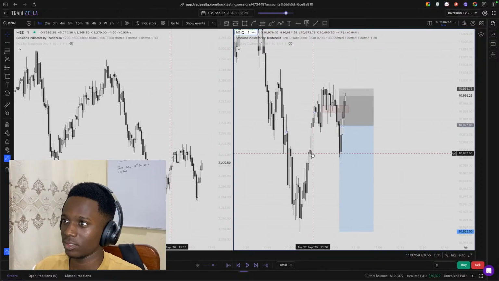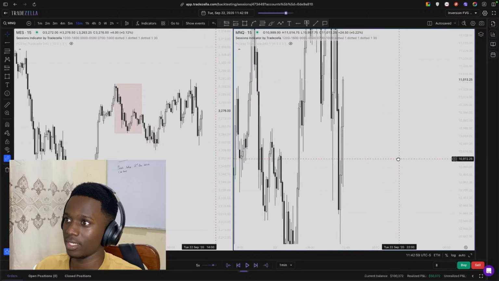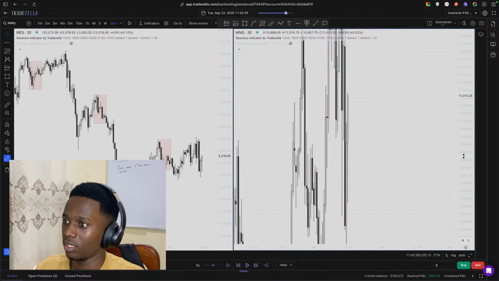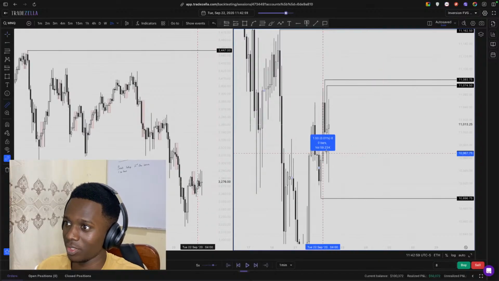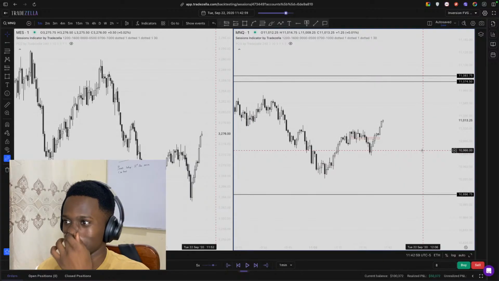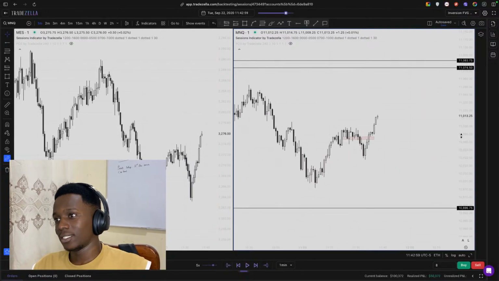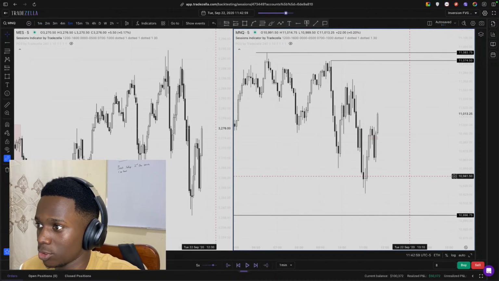Okay, one second. So why in the world did price run all the way here? 2 hour is still holding positive, so it's possibly still bullish.